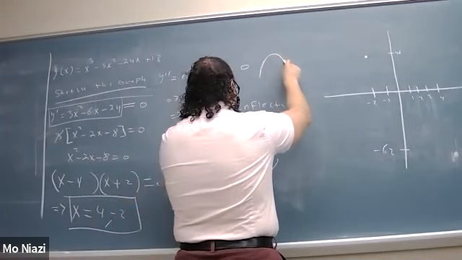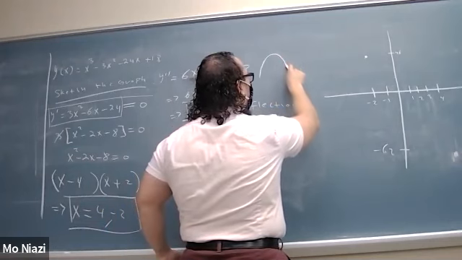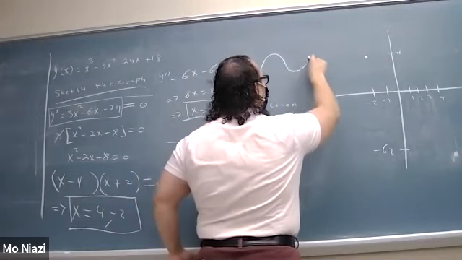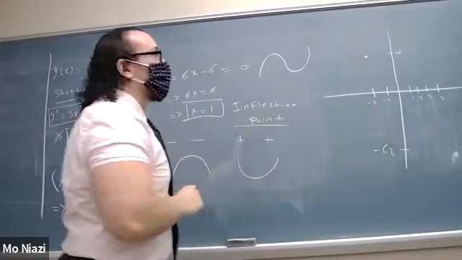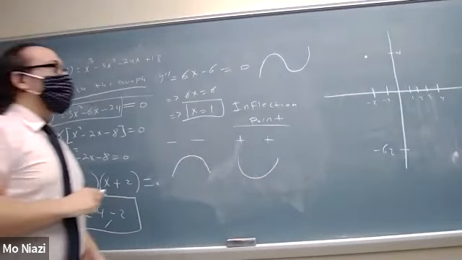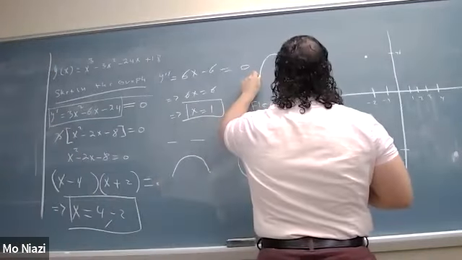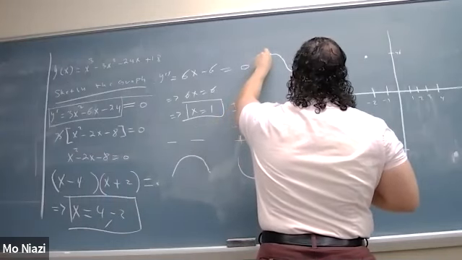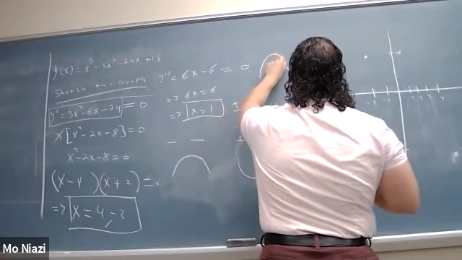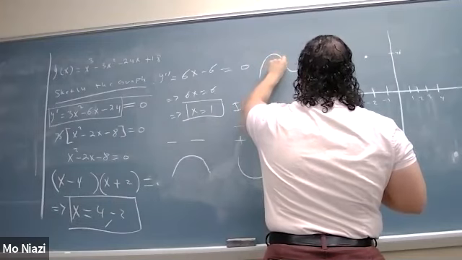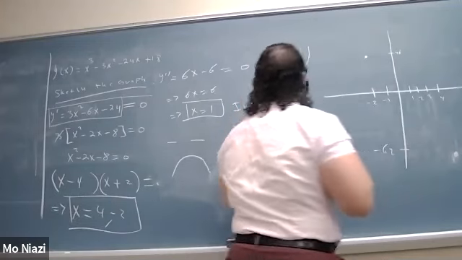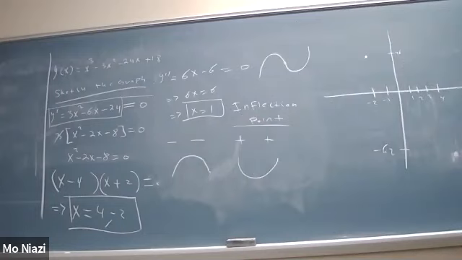If I, without picking my chalk up, want to transition to a smiley face, notice that all the way through here, we're concave down, but something happens right here. Because now we switch to concave up.